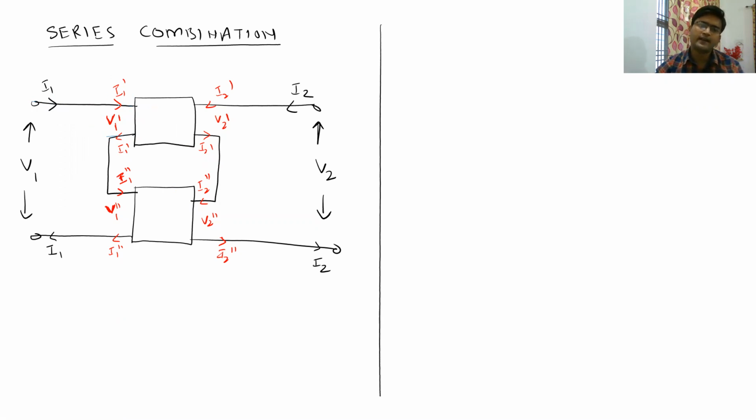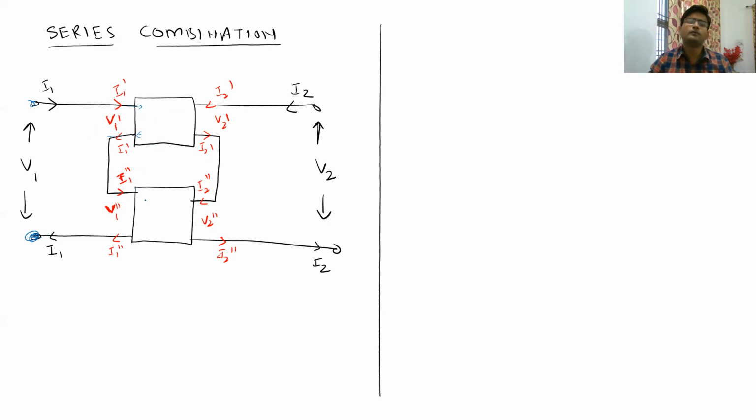So if I1 is entering from this whole network, this I1 should be coming out also from this terminal, right? Similarly, this I1 is similar to this I1 dash, which is entering in this first two-port network. So since this is the same line, this I1 must be equal to I1 dash. So when I1 dash is entering here, the same current should be coming out here, and this I1 dash is the same current entering this second port also.